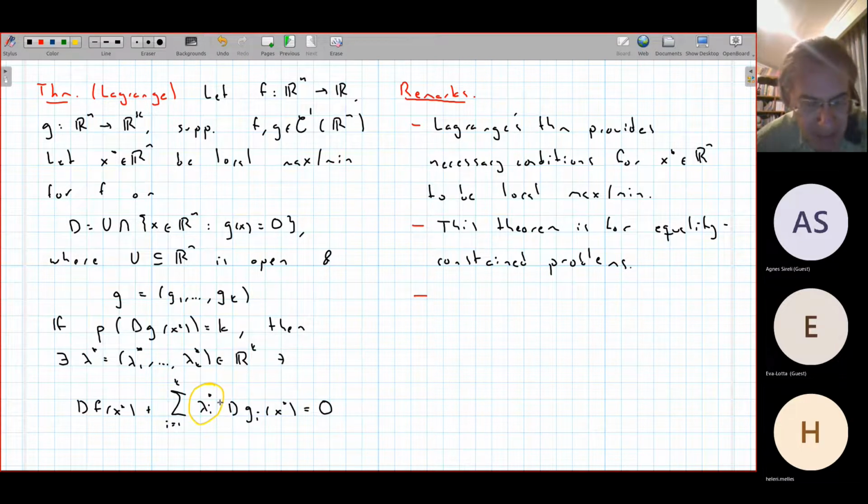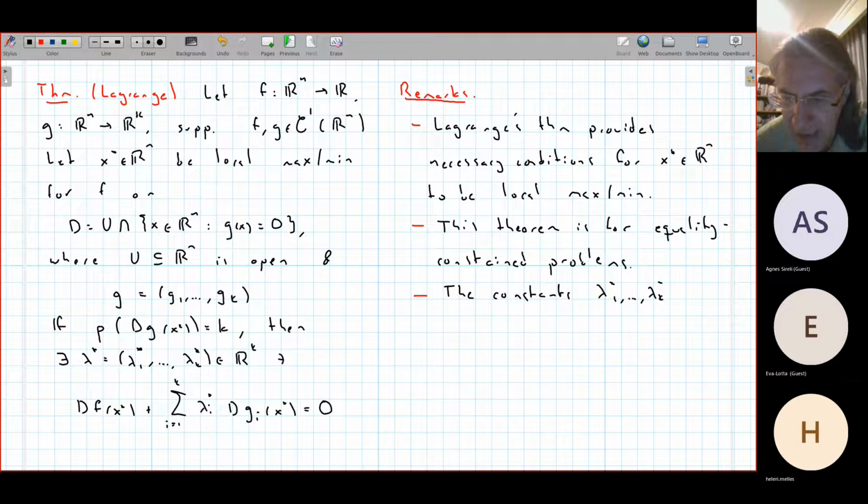These constants have a name in the context of Lagrange's theorem. That's what they call the Lagrange multipliers. So the constants lambda 1 star, lambda 2 star, lambda k star are called Lagrange multipliers.